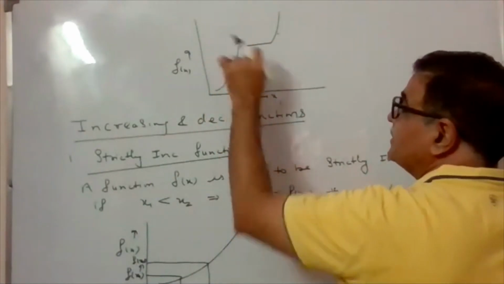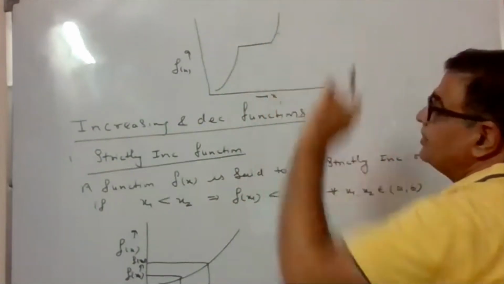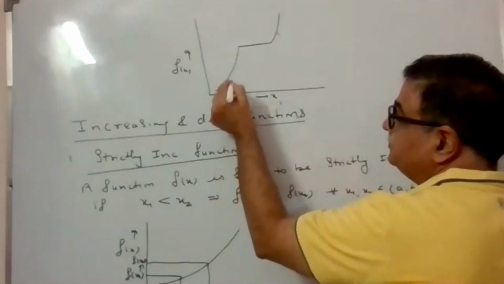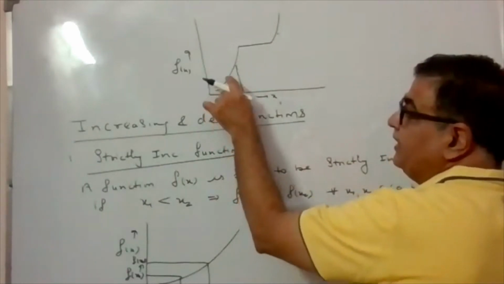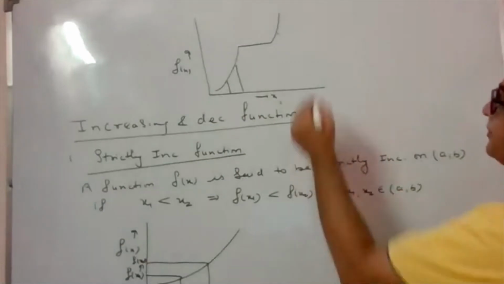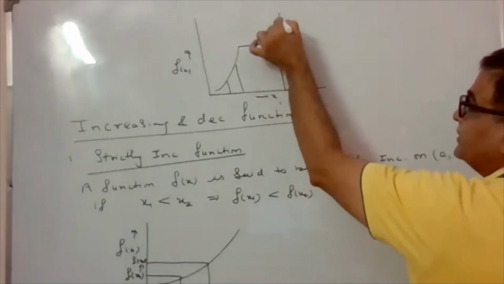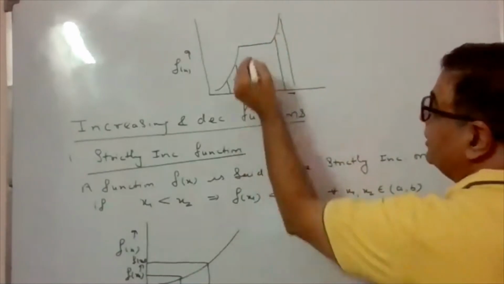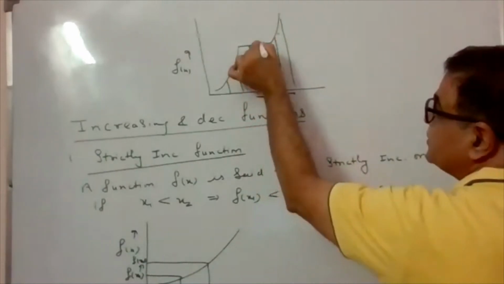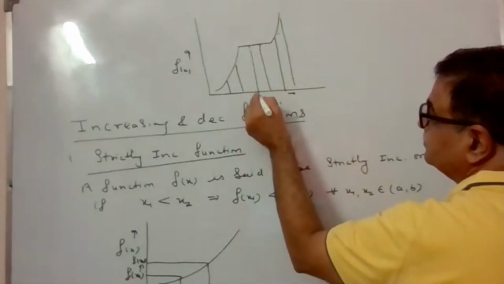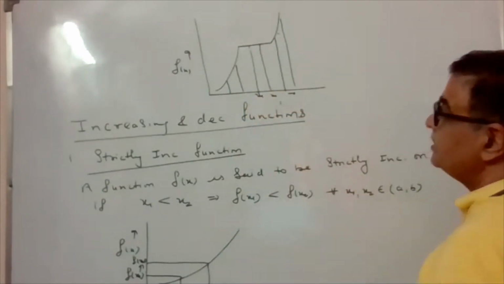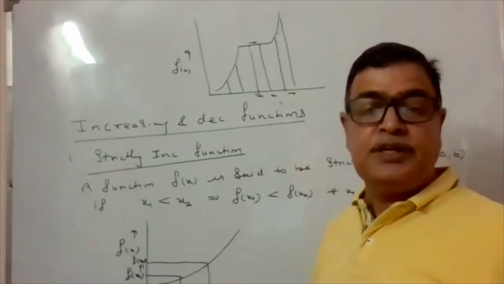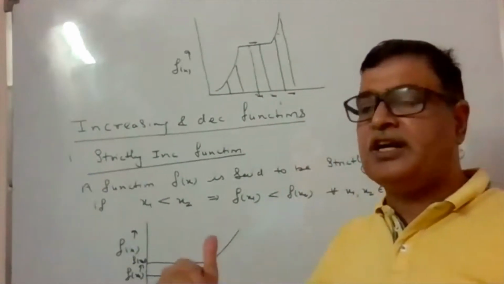Here it will become constant. Here it is increasing. So here if you take x1 and x2, f(x) is also going to increase. But here if you take any 2 points, x1 and x2, then f(x) remains constant.